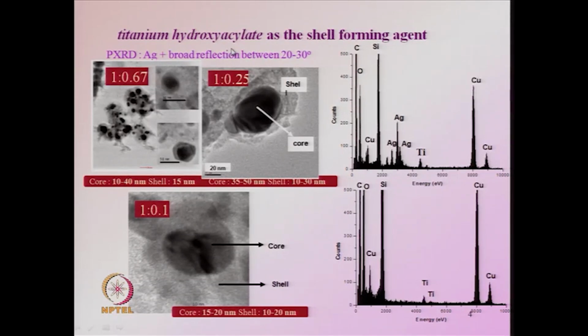You have to generate this, and that you can use as the shell forming agent. You can see this dark region is the core which belongs to silver, and this light region is the shell. And if you change the concentration of the titanium hydroxyacylate, like from 0.67 to 0.25, you are decreasing the amount, and you can see the change in the shell thickness.